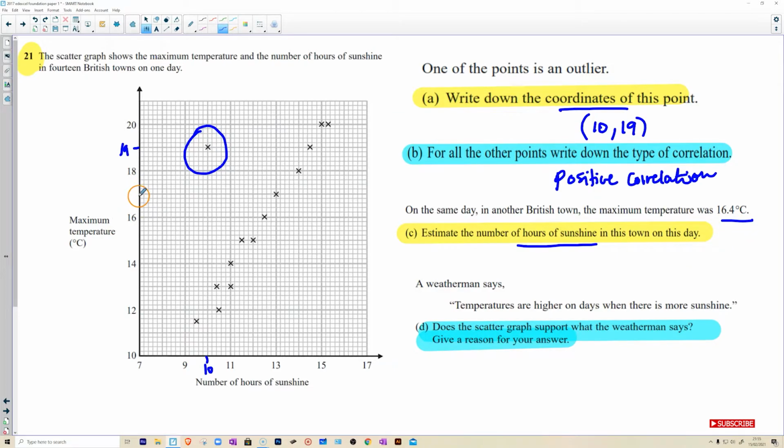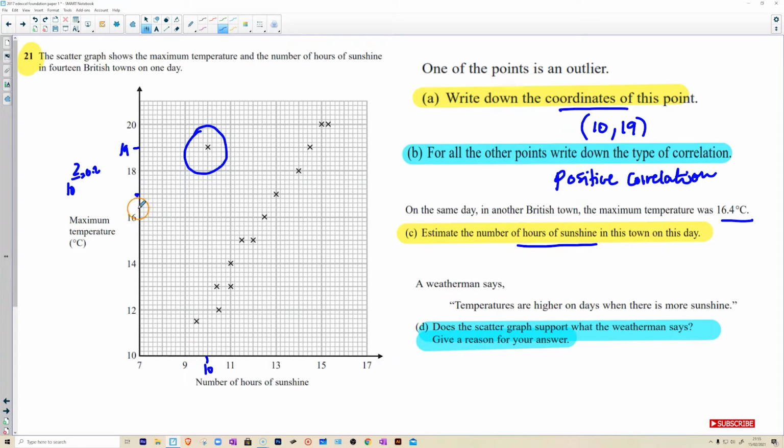Before you do that, you need to establish the scale. We can see from there to there is 1. It's actually easy if you just take 2 points. 2 divided by how many squares are there? 1, 2, there's 10 squares. So 2 divided by 10 is 0.2. That means every square represents 0.2.